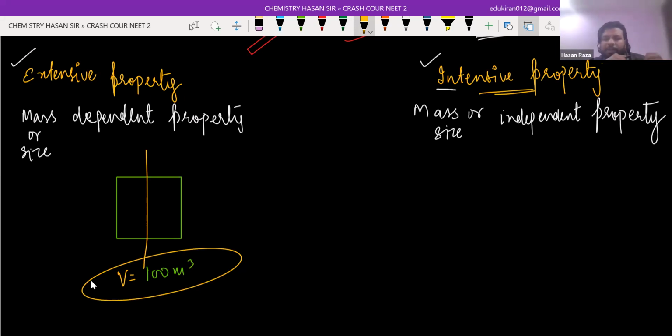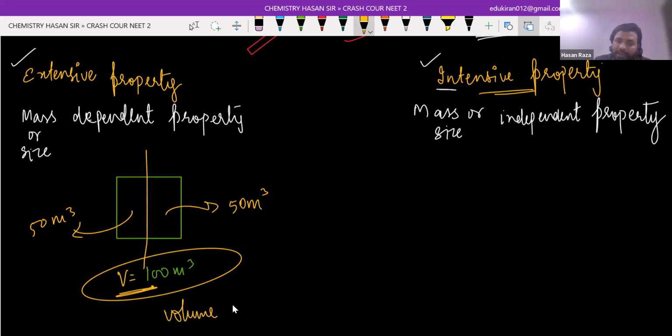How are you going to check whether it is mass or size dependent? If the volume is 100 meter cube and you divide that class into two equal parts, this will have a volume of 50 meter cube and this will have a volume of 50 meter cube. So you can see the volume depends upon size. That's why volume is an extensive property. Are you getting my point? Yes or no? Yes, sir.